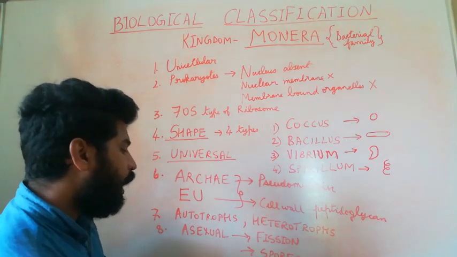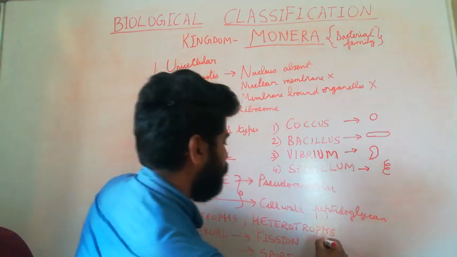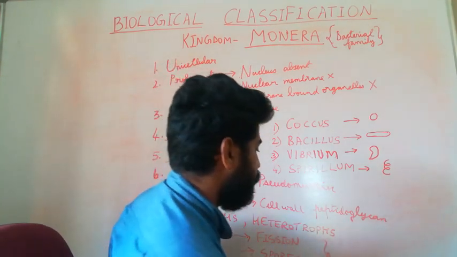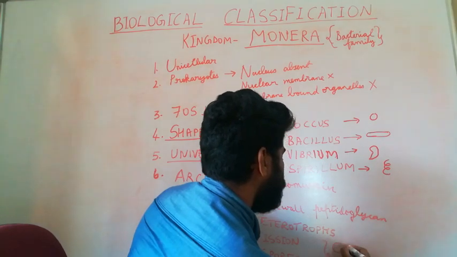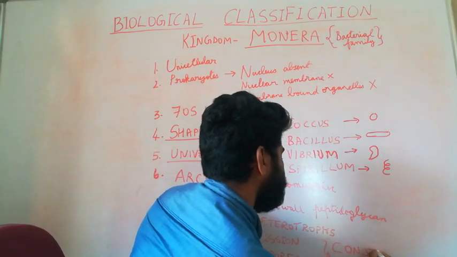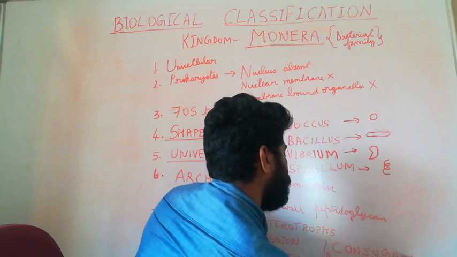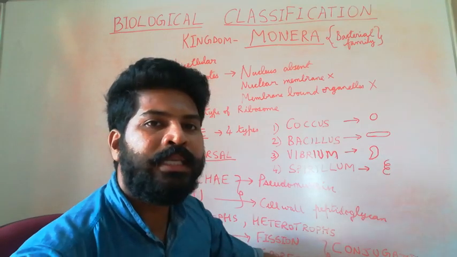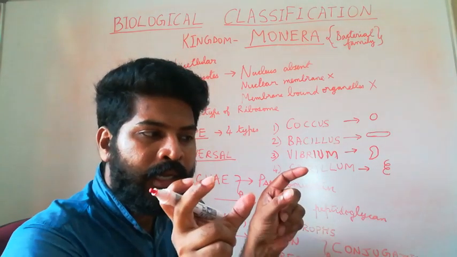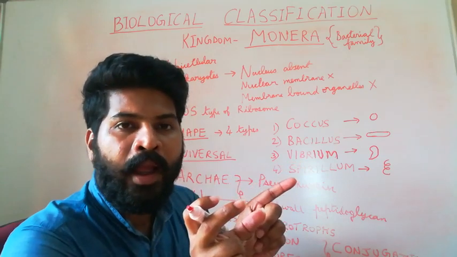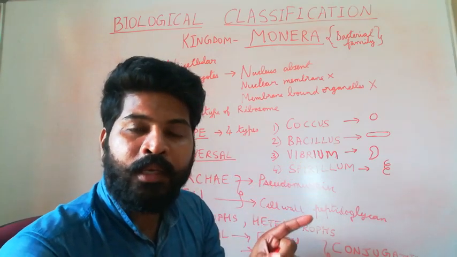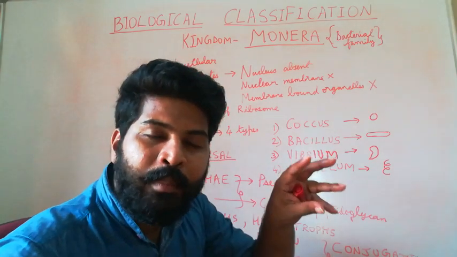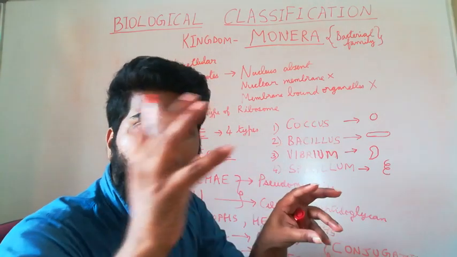Some bacteria are also known to undergo a special type of reproductive event called conjugation. It can be called sexual reproduction, wherein two bacteria come in close contact with each other, and through the plasma membrane or with the help of the pili, the genetic material is transferred from one cell into another cell.